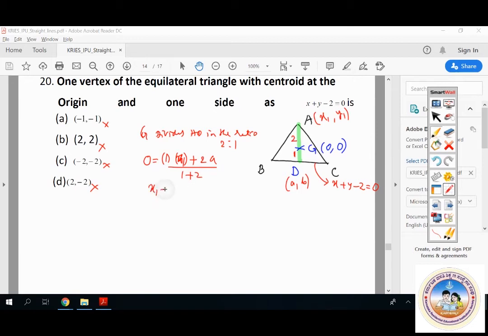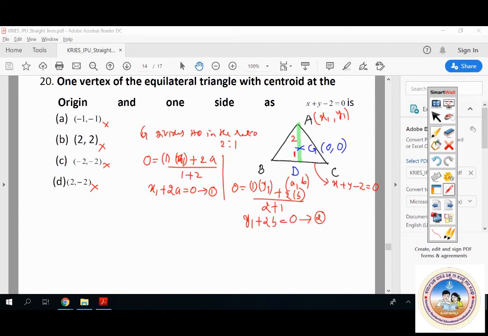So it becomes x1 + 2a = 0 ಆಗ್ತದೆ, equation 1. ಹಾಗೆ y coordinates ನ equate ಮಾಡ್ಕೊಳ್ಳೋಣ. It is nothing but 0 = (y1 + 2b) divided by 2 + 1, it is y1 + 2b = ನಿಮಗೆ ಏನು ಸಿಗ್ತಾ ಇದೆ, 0 ಬರ್ತಾ ಇದೆ. This is going to be your equation 2.